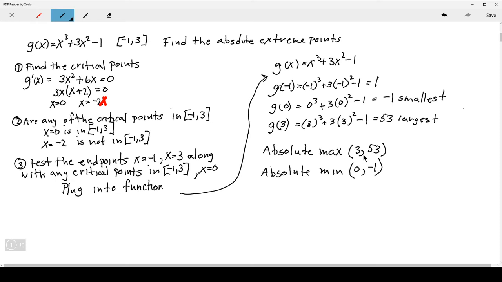Now I actually did graph this, so let me pull up my calculator. Let me just verify that you're seeing my calculator. Yes, you are. Okay, so I'm going to turn on my calculator. This is what the function looks like.